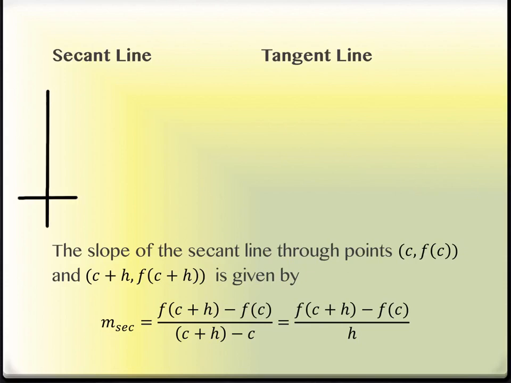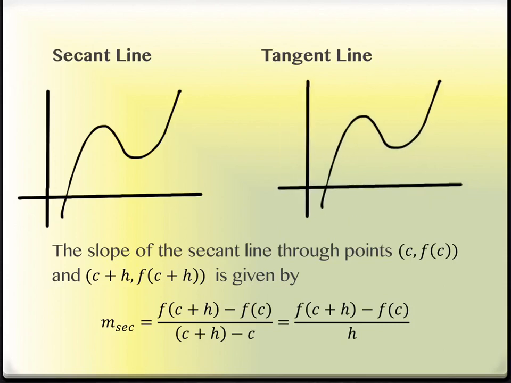And what we did is we said that if we had a graph, and I'm going to draw the exact same graph twice, a secant line is taking 2 points on our curve and connecting them with a line.